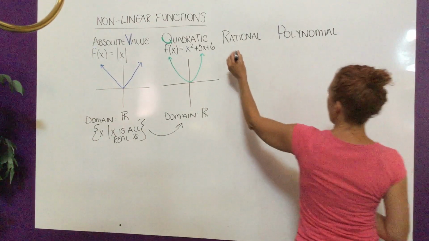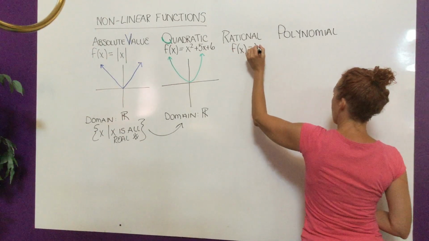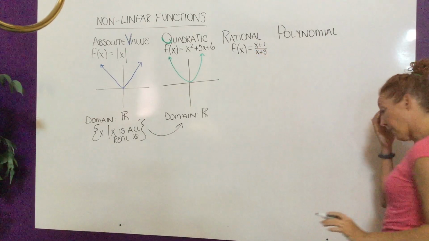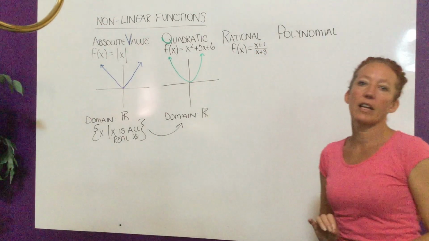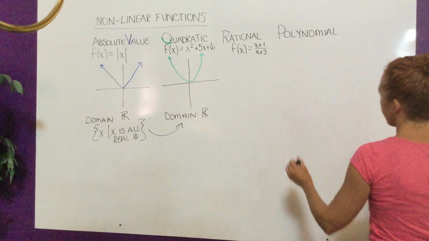Rational is like what we have been looking at in chapter 6, where you might have x plus 1 over x plus 3. Rational is a fancy word for fraction, and typically we have a variable in our denominator.